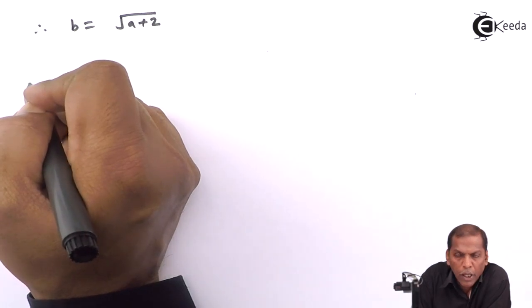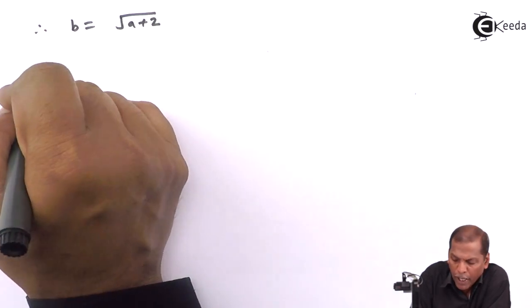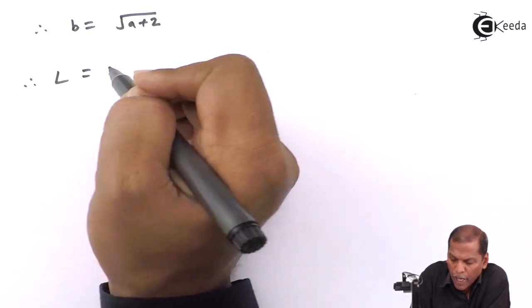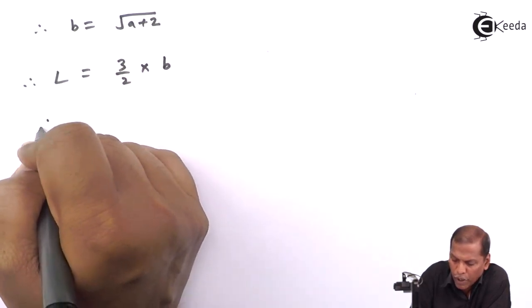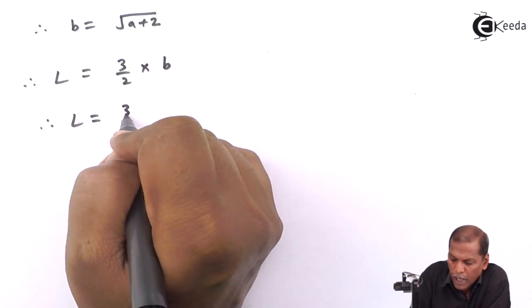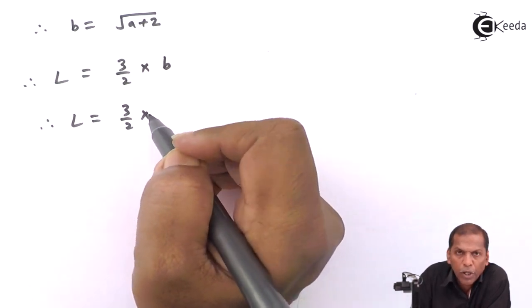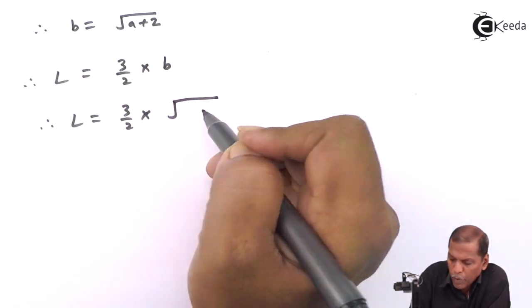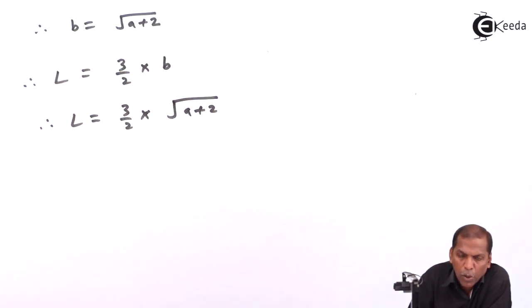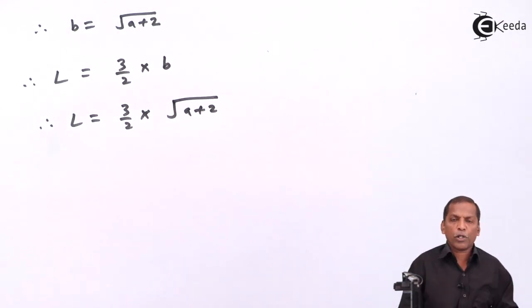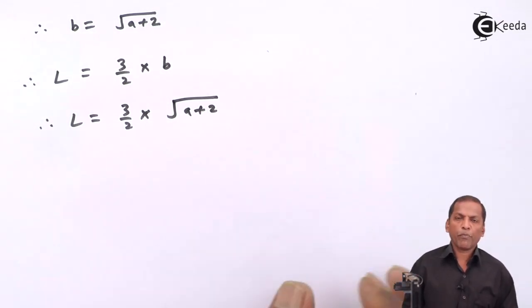Substituting this value of b in the required limit, L is equal to 3 by 2 into b becomes L is equal to 3 by 2 into square root of a plus 2. So this is the required solution for the given problem. Thank you.